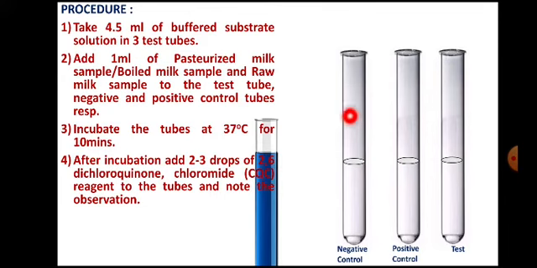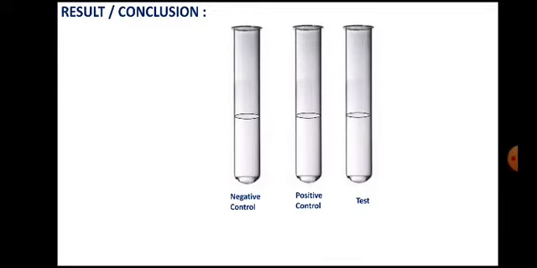So 2-3 drops of CQC reagent are added to all these 3 tubes. And then again the contents are mixed. After this, let us see how to read the results.